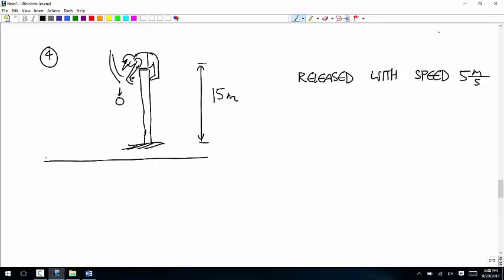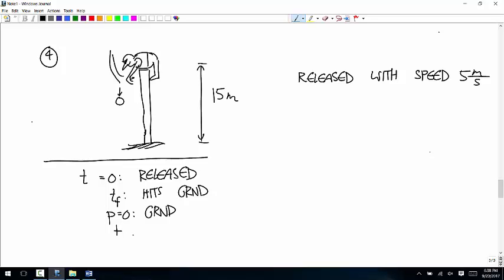And we want to figure out the velocity right before it hits the ground. So time equals 0 is when it's released. Time final is when it hits the ground. Position equals 0 is the ground. Positive direction is up.